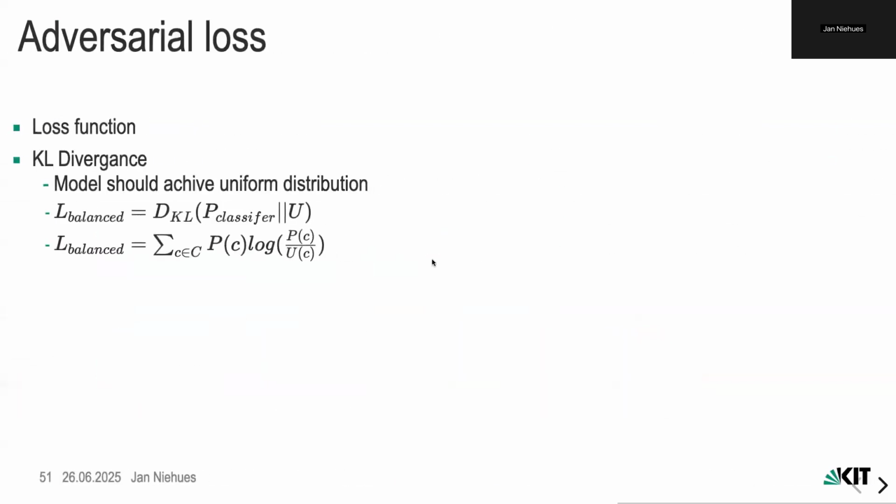There is this concept of KL divergence, which measures the difference between two probability distributions. What you now try to achieve as a loss is for the probability distribution of your classifier, your classifier always gives you at the end a probability distribution over the possible classes, to be the uniform distribution.